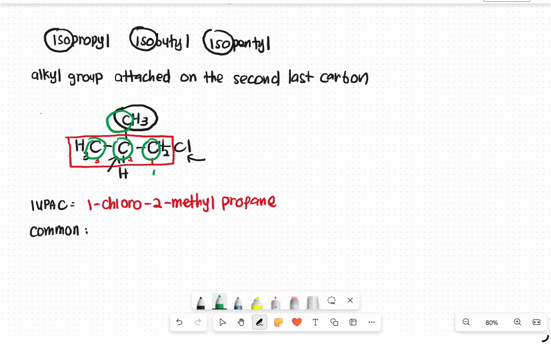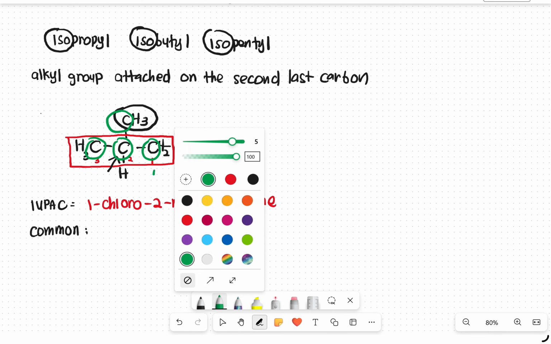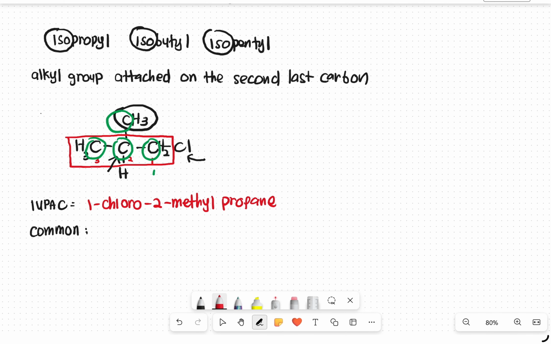So the name is 4 carbon, right? 4 is butyl. As we know that 1 is methyl, 2 ethyl, 3 propyl, 4 butyl. So here the name is isobutyl chloride. That's it.